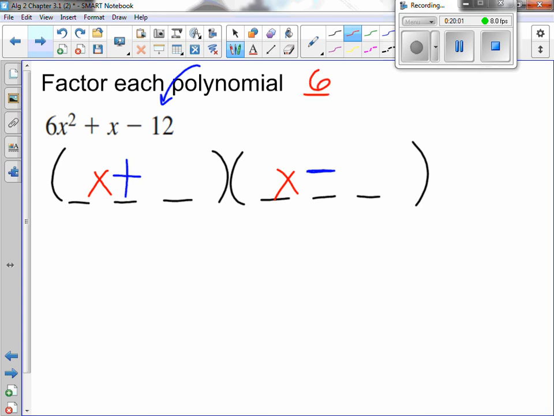Now I need to look at the factors of 6 and the factors of 12. Well, 6 would be 1 and 6, then 2 and 3. How about 12?